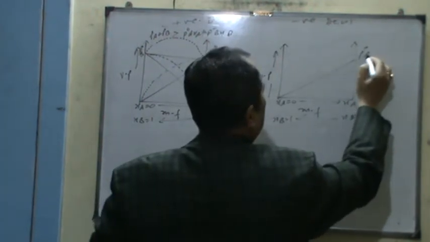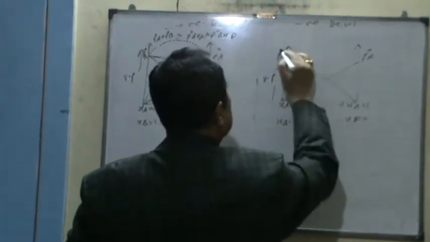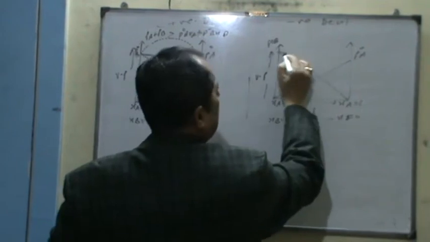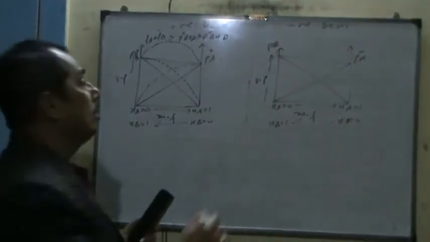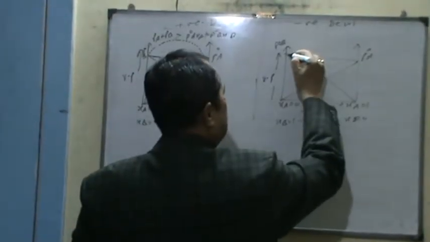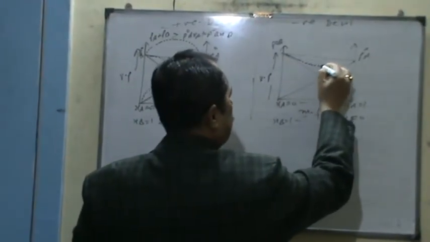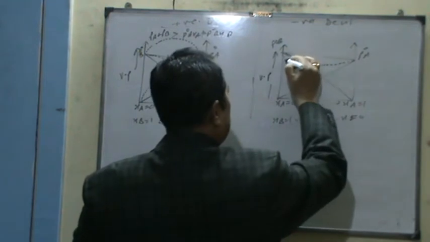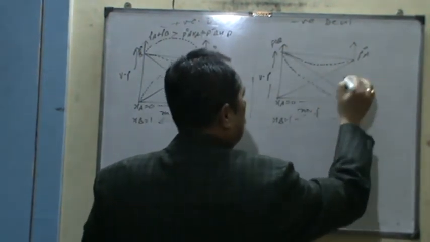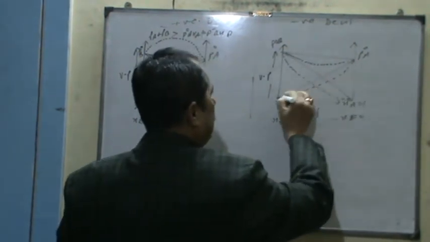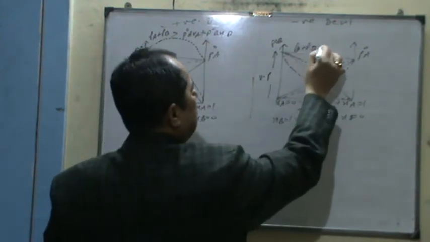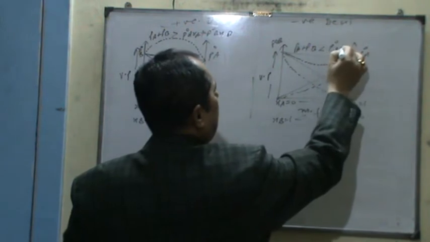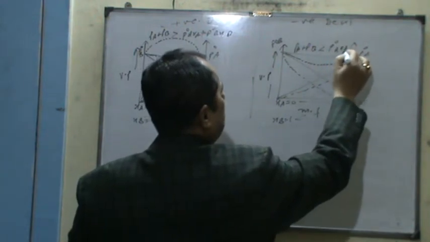P naught A and this is the P naught B. This is the formation of the solution. It is the negative deviation, so the resulting vapor pressure should be lesser, or depressed, right from the genuine line of the Raoult's law. PA plus PB is lesser than P naught A chi A plus P naught B chi B.